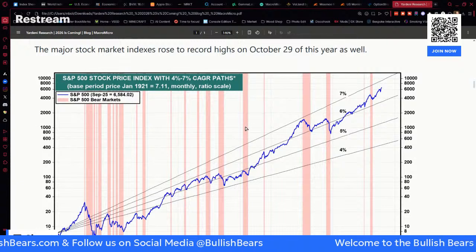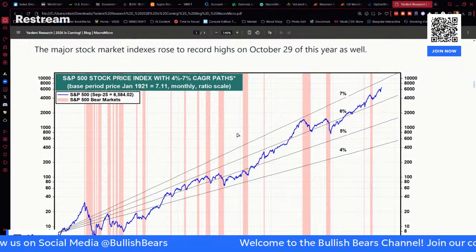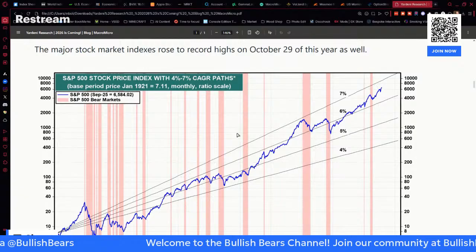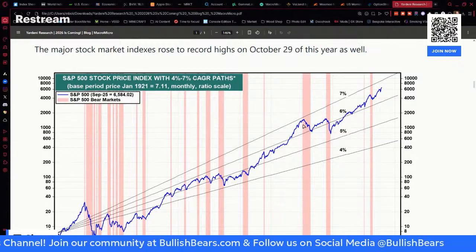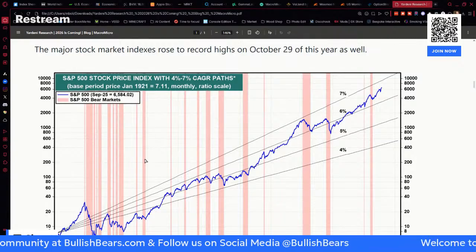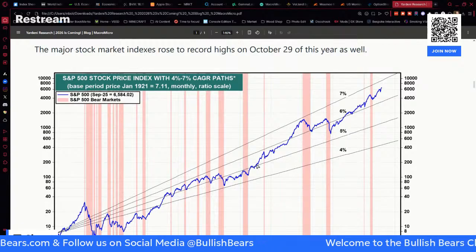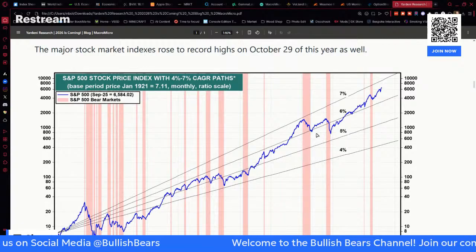And the S&P. Now we have a 4 to 7% CAGR path. The bear markets are marked in red, and you can see that most of the time we're not in a bear market, right? Just little dips.